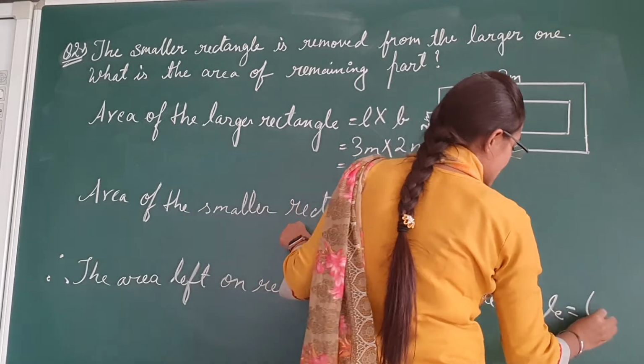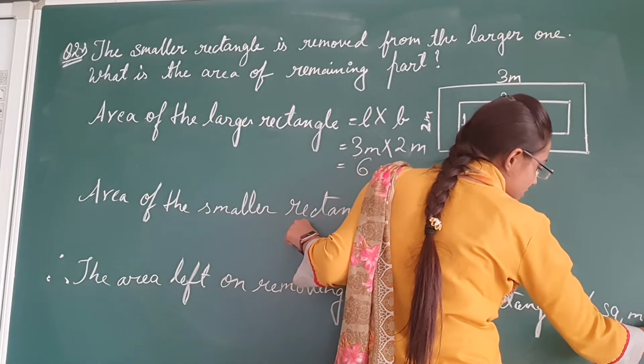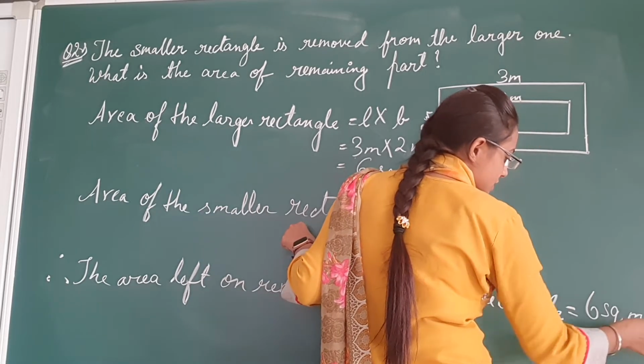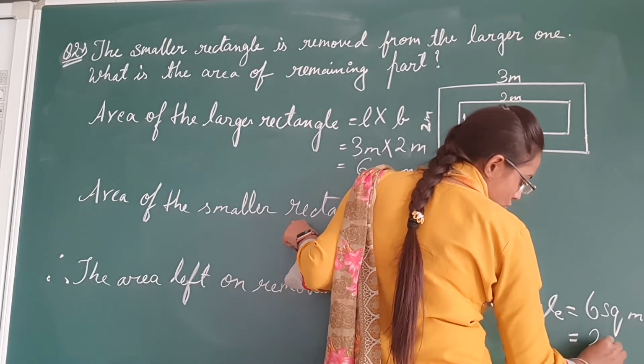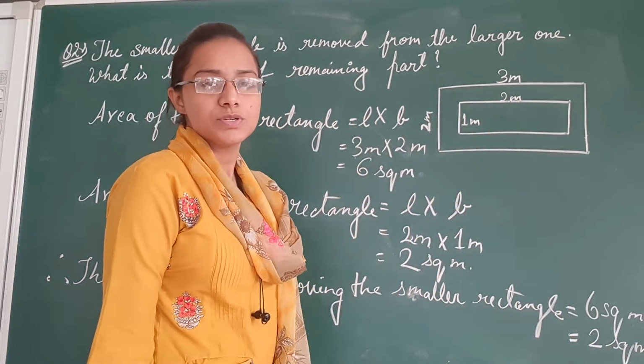This we are going to extract from here, minus 4 square meter. So this will be equal to 6 minus 4, 2. So 2 square meter will be left after removing it.